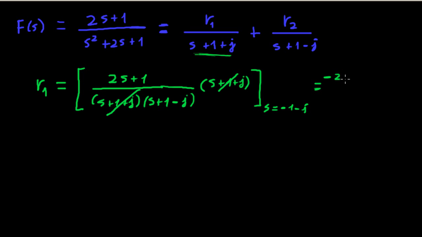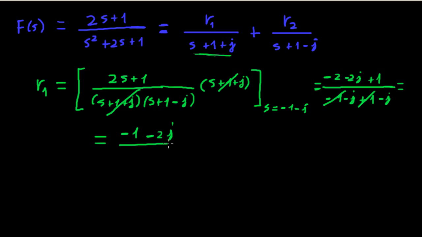-2 - 2j + 1 in the numerator, and -1 - j + 1 - j in the denominator. This goes with this, and this is equal to (-1 - 2j) over (-2j).